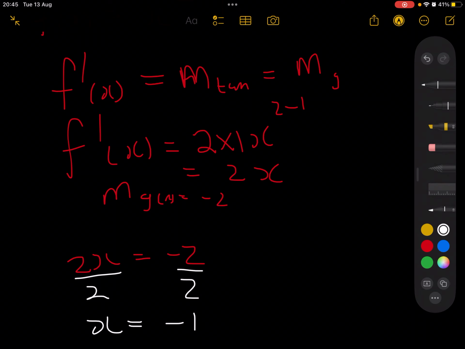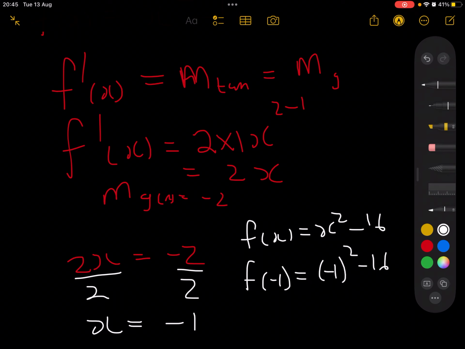This negative 1 needs to have its counterpoint, and you can only get the counterpoint from the original function, which is f of x equals x squared minus 16. So f of negative 1 is given by negative 1 squared minus 16, which is equal to 1 minus 16, and it's equal to negative 15.